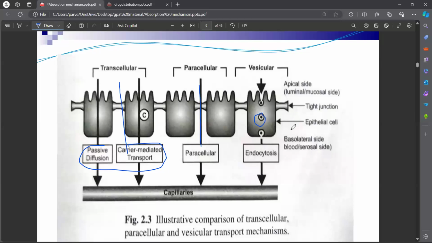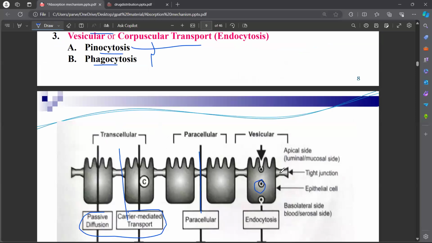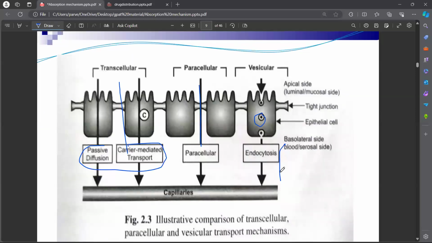Basically we have two sides, the apical side and the basolateral side. B is for blood. Whichever side the drug is present on is known as the basolateral side, and the opposite side is known as the apical side. The apical side is also known as the luminal side or mucosal side.